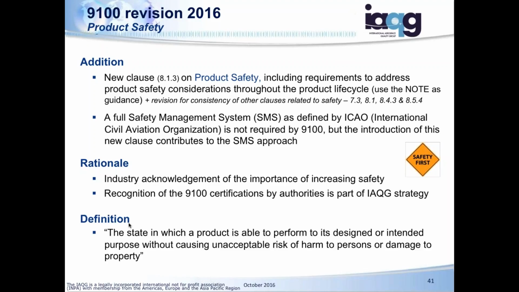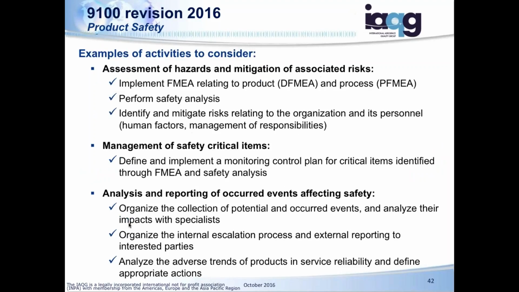The definition of product safety: the state in which a product is able to perform to its designed or intended purpose without causing unacceptable risk of harm to persons or damage to property. So here are just some things that are considered. These are examples, not requirements, to assess the hazards and mitigations of associated risk.